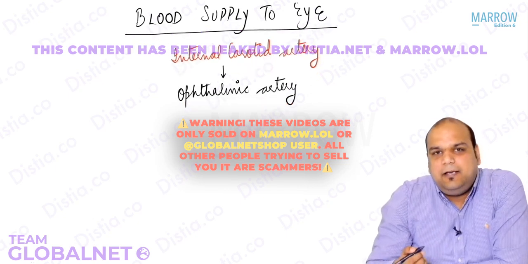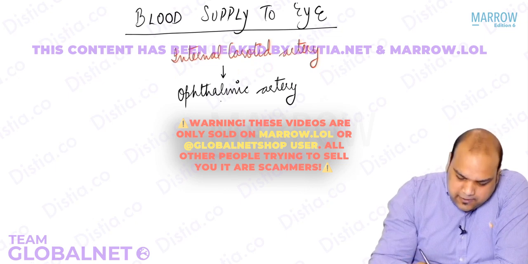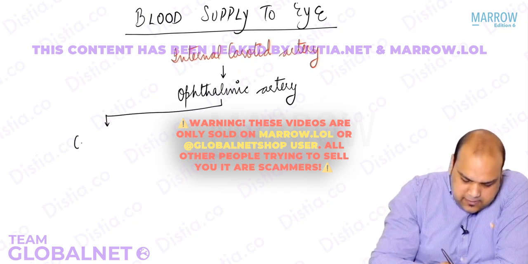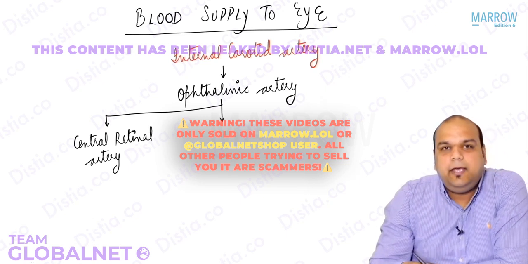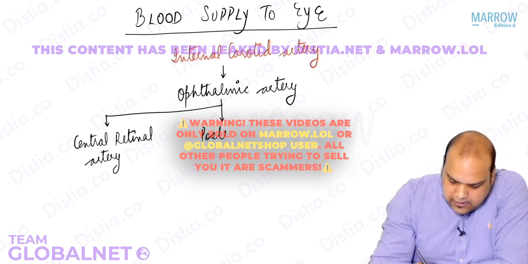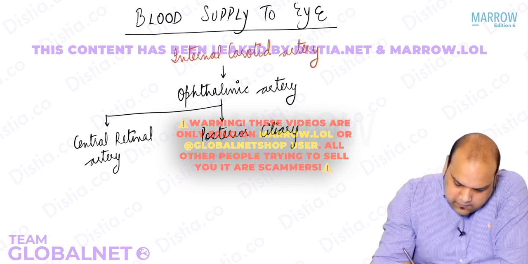So the ophthalmic artery gives us three main branches. The first branch, central retinal artery. Then we have posterior ciliary artery.